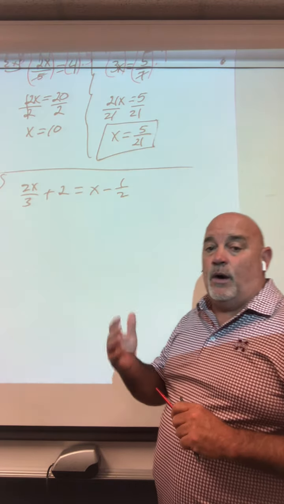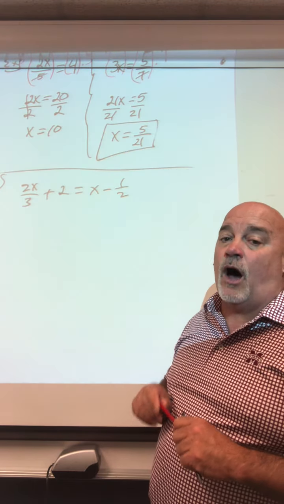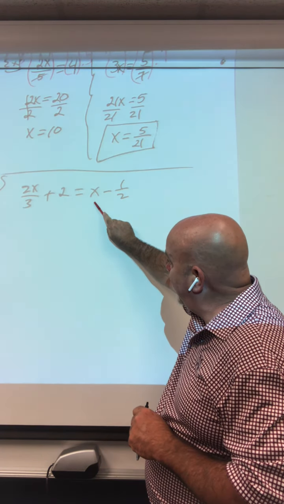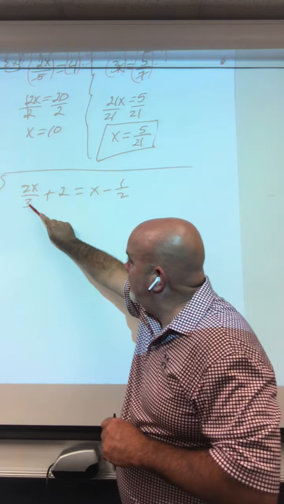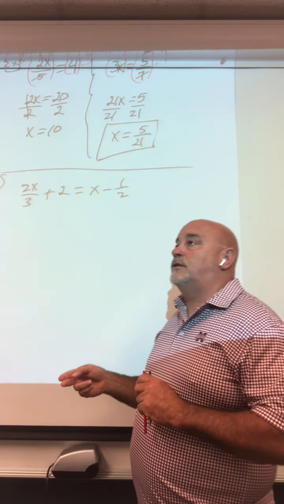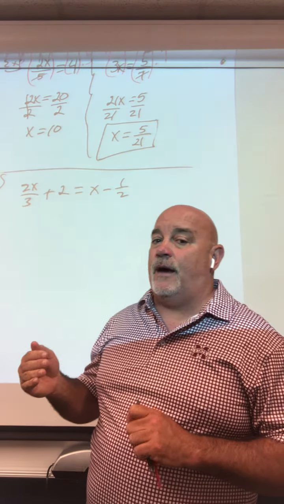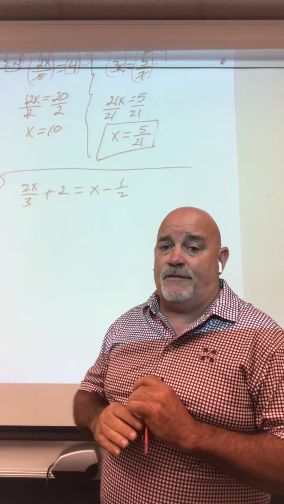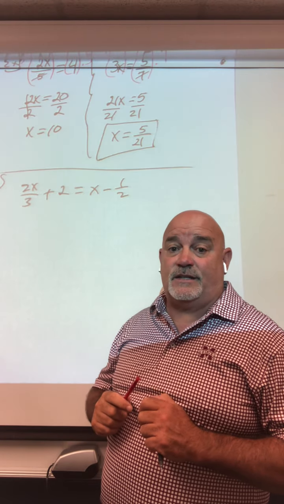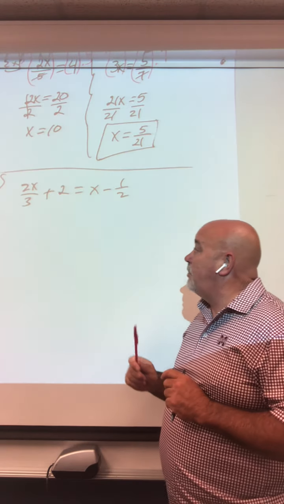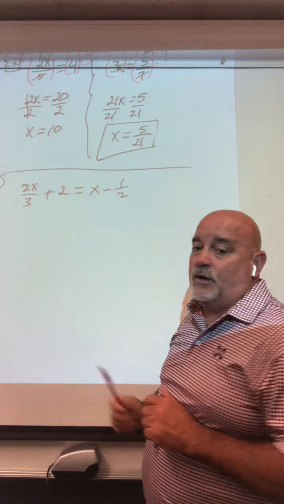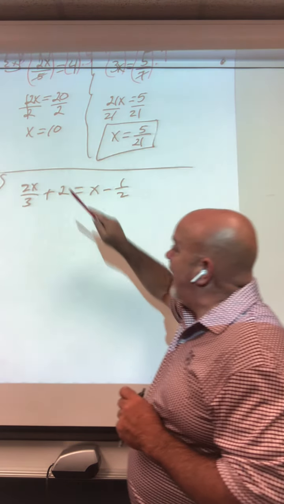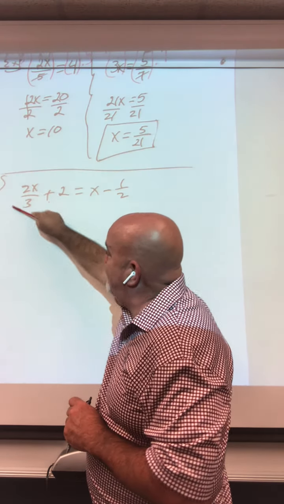So let's figure out what we need to multiply by. We'll look at all of your denominators. 2, 1, 1, 3. So 2 and 3, I need to multiply by a big enough number that 2 and 3 both divide into, which of course is 6. So I'm going to multiply both sides of this equation by 6. Now when I do that, I've got to multiply this entire side by 6.